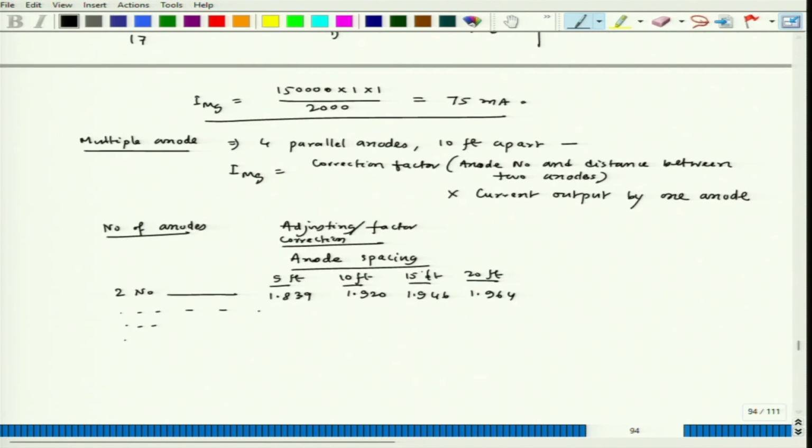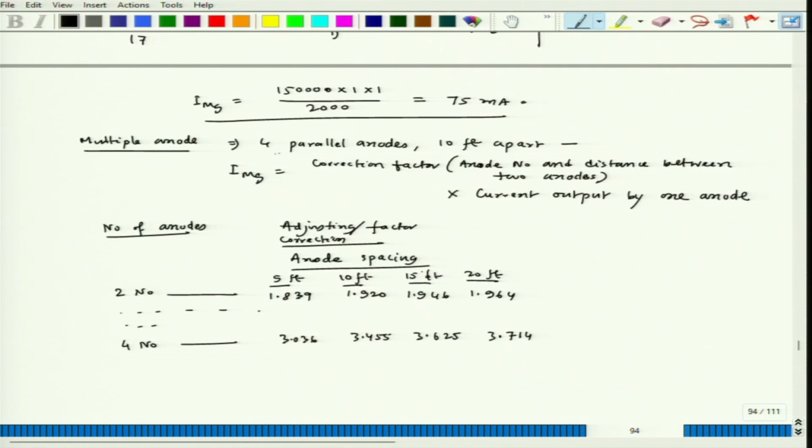Now we are considering 4 anodes. So the values for different anode spacing become like this: when it is 3 feet away, 5 feet away, and so on, up to 3.455 and 3.714.